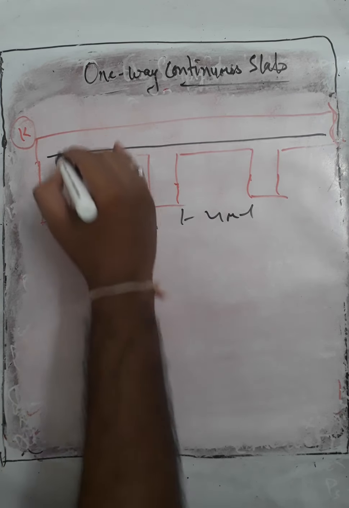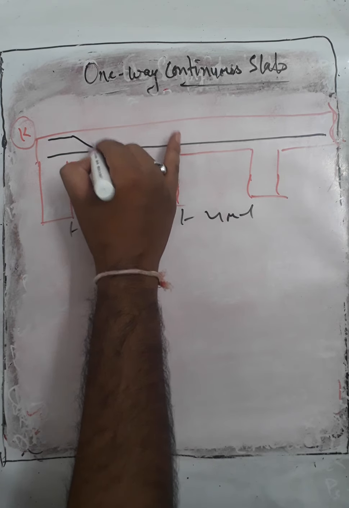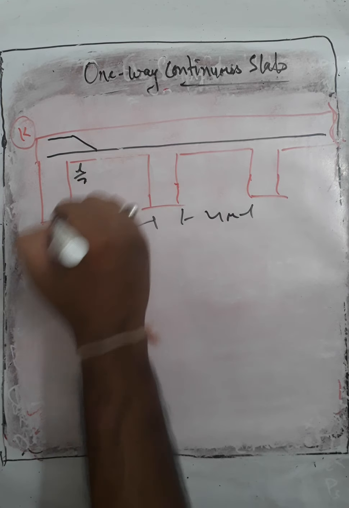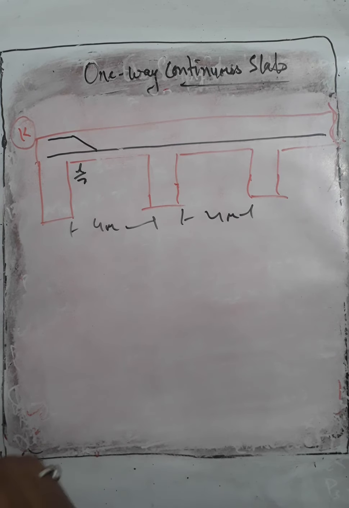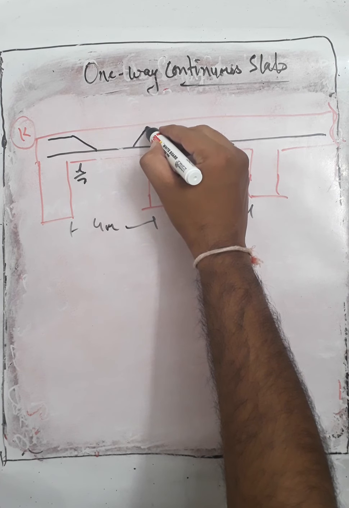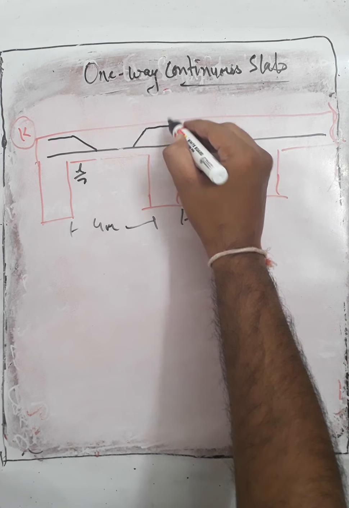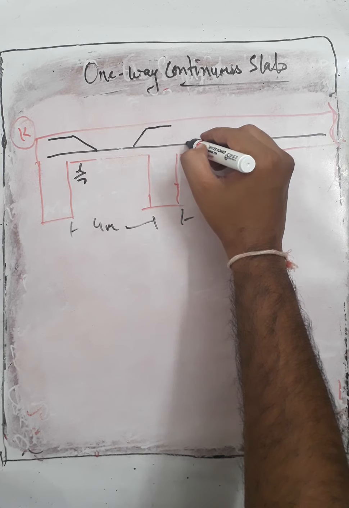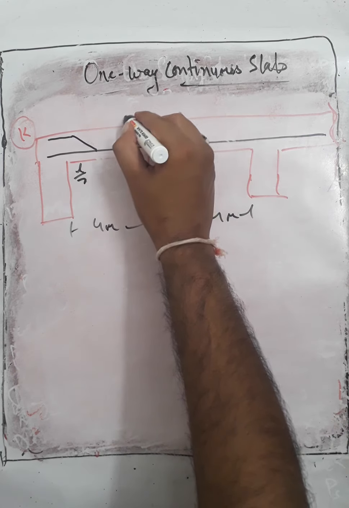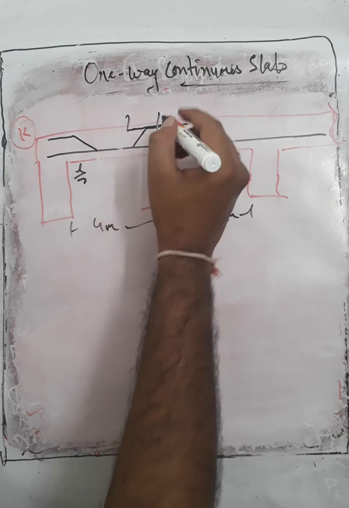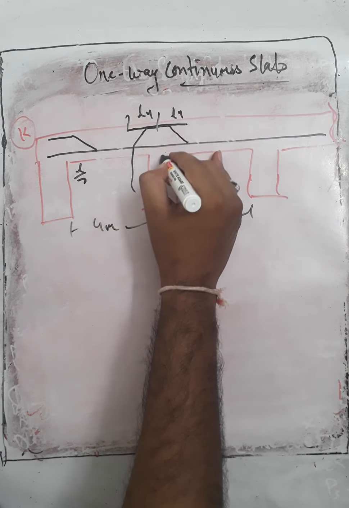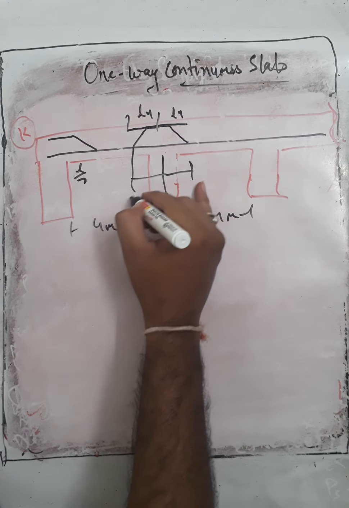Okay, and here we provided a distance L by 7. And here we provided same, and so it looks like this. So this distance from center to center is L by 4, means up to L by 4 you have to take, and this value from center to center is L by 5.